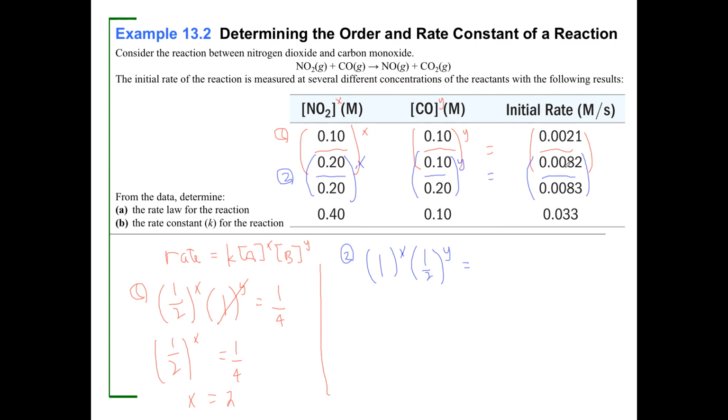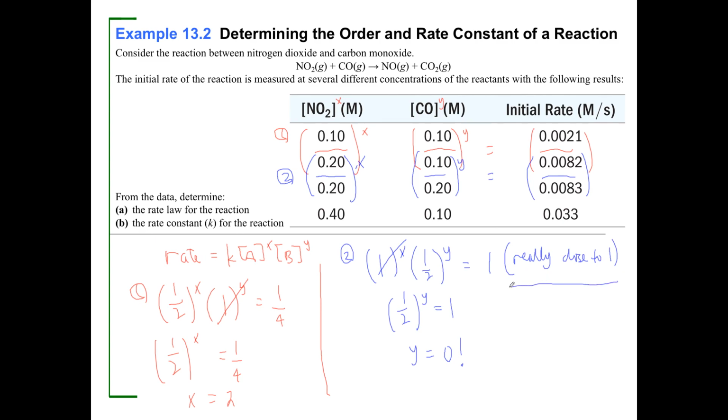It's 1. Really close to 1. Okay, so that said, can you see what y must be? This goes to 1. What is y? It's 0.